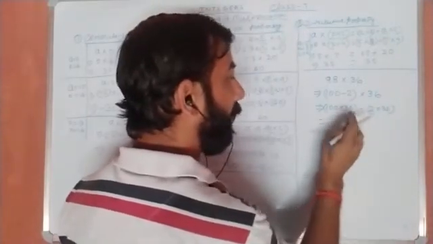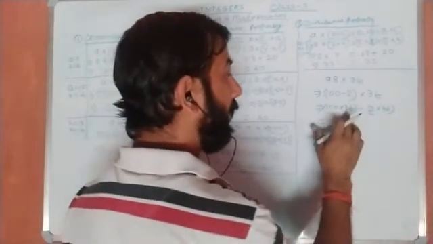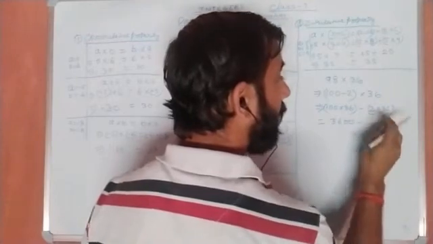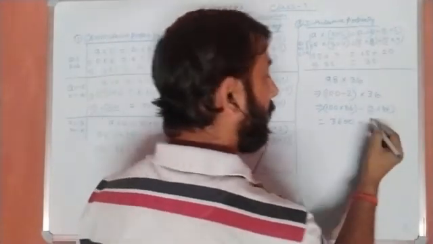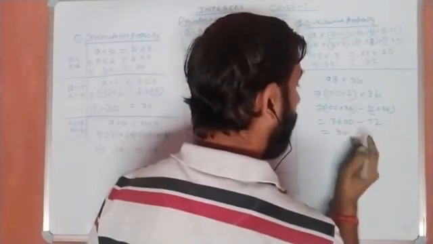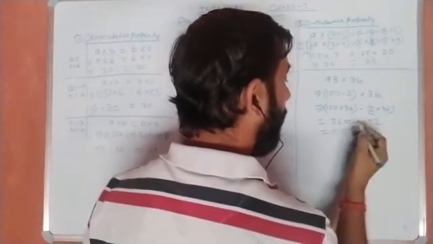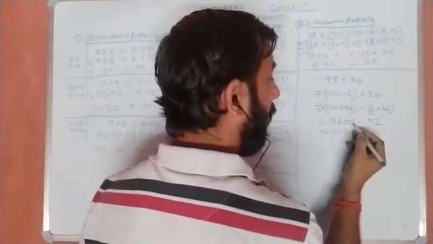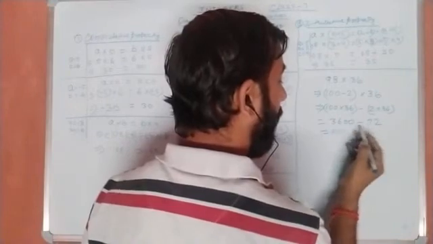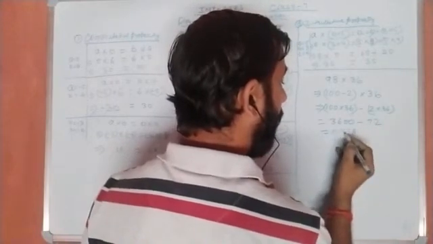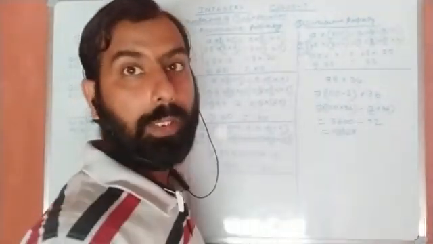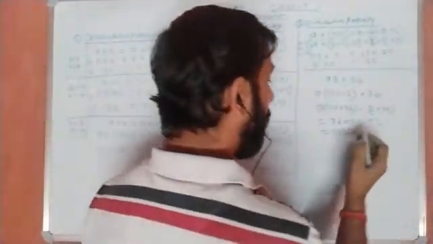It is easier to multiply. 36 into 100 is 3600, minus 36 into 2, which is 72. We will subtract it. 10 minus 2 is 8, 9 minus 7 is 2, and then 5 and 3. The answer is 3528.